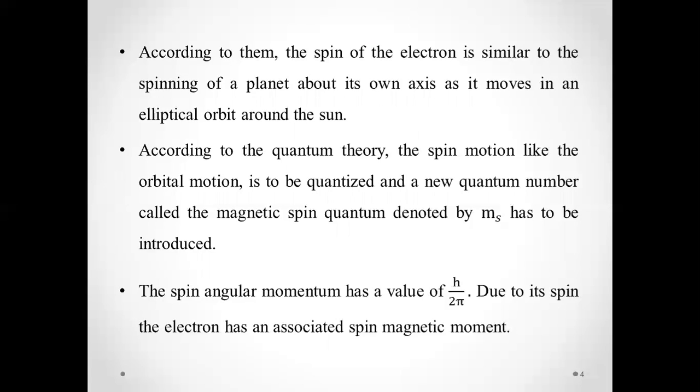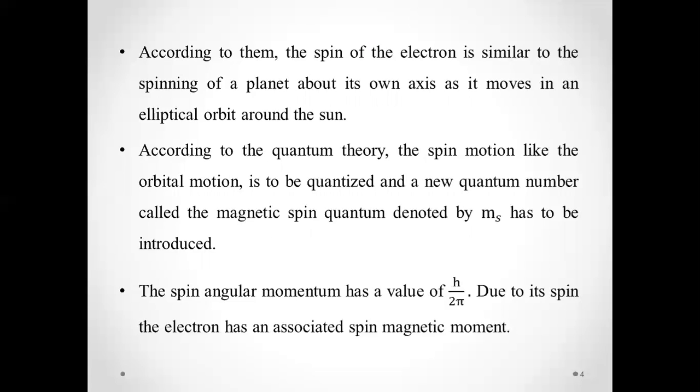According to the quantum theory, the spin motion, like the orbital motion, is to be quantized, and a new quantum number called the magnetic spin quantum number, denoted by ms, has to be introduced. The spin angular momentum has a value of h by 2 pi.